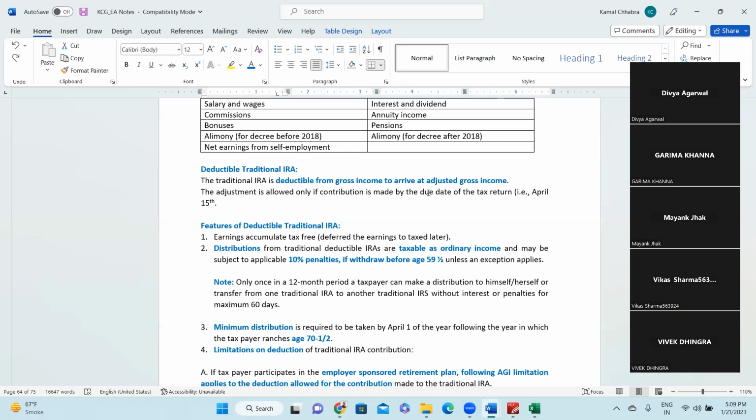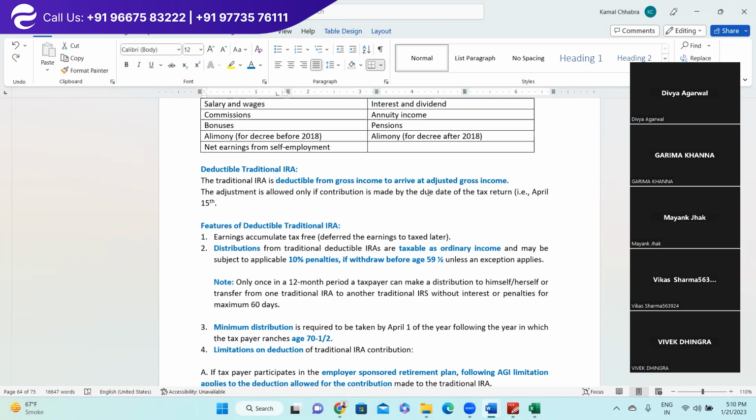Let's assume your tax year is 2022, January 2022 to December 2022, and you want to file your tax return on or before April 15, 2023. The law says you need to deposit the IRA on or before April 15, 2023. For the period January 2022 to December 2022, you can deposit even after that, but on or before April 15 of next year.